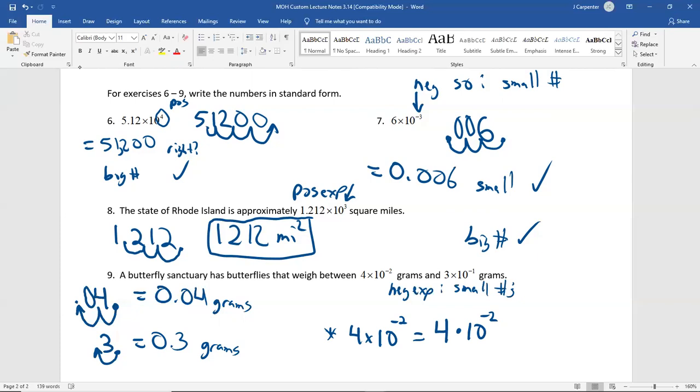If for some reason on a test Connect Math does care, because we have to use so many programs I can't keep track of them, if you wrote the dot and it marked it wrong and everything else about it was right, I'd give you full credit for that. Or vice versa, if you wrote the X and they mark it wrong, I'd go back and give you full credit for that. I hope that since the textbook is using the X, the X is what they're accepting. But again, I can't promise. Connect can be weird.